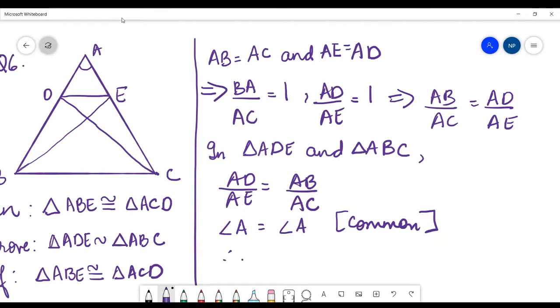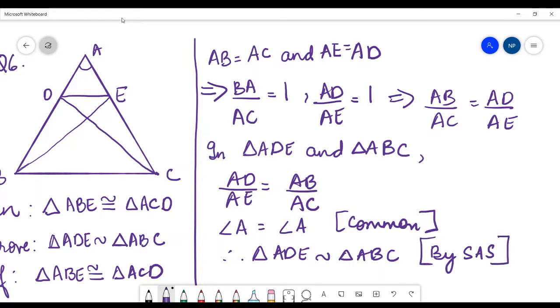Therefore, the similarity is proved by the side angle side criterion. So we will write triangle ADE is similar to triangle ABC by SAS, by side angle side criterion.